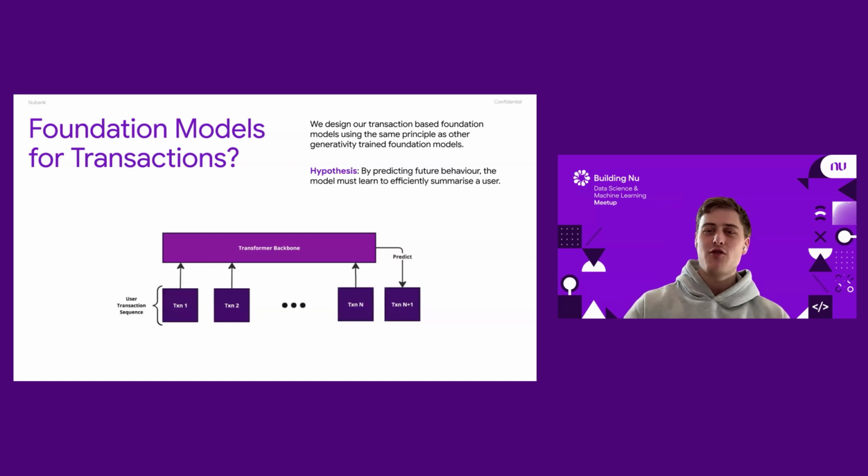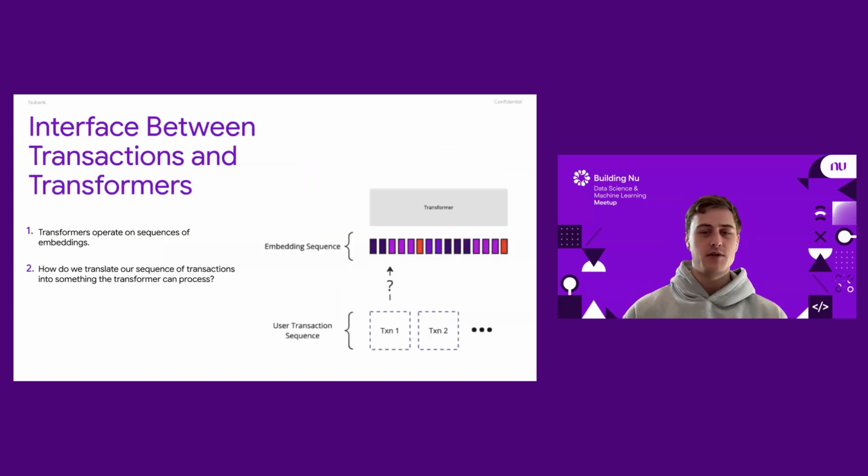Again, before we can use transformers, we need to formulate an interface between the transactions and the transformers. To be more specific, transformers, or attention-based models, are sequence-to-sequence models. They operate on a sequence of embeddings. They take a sequence of embeddings as input, and they produce a sequence of embeddings as output.